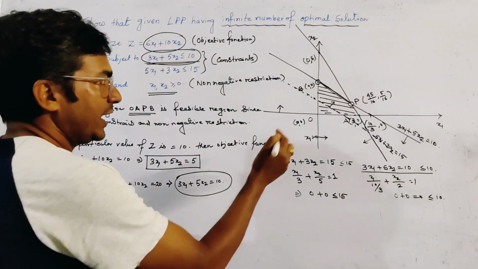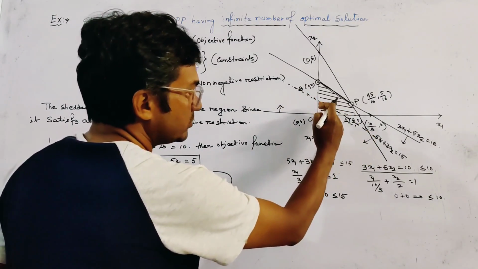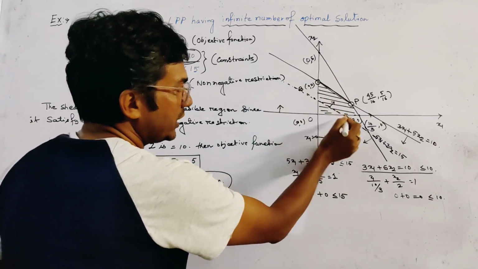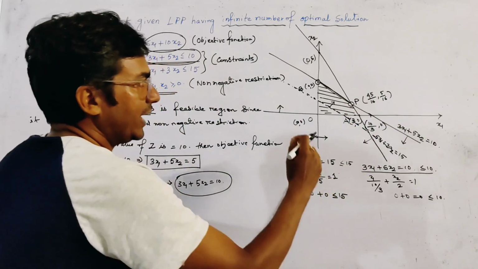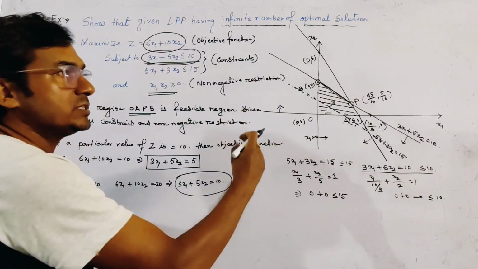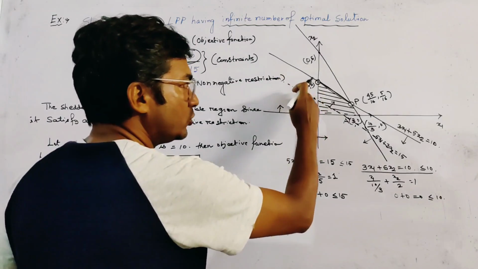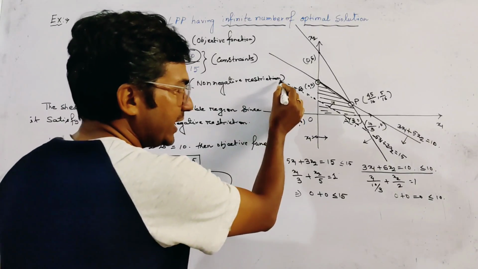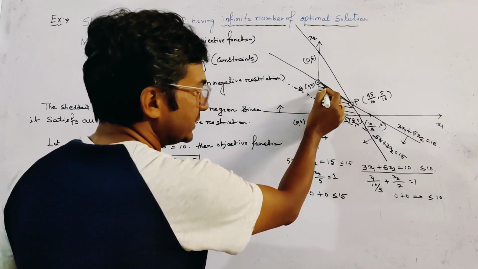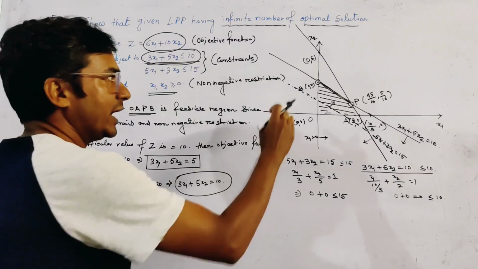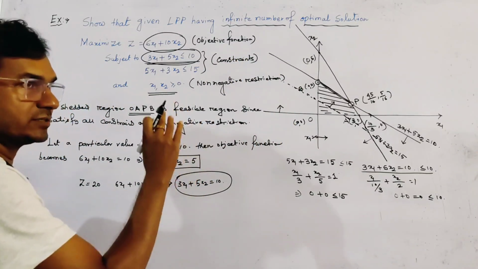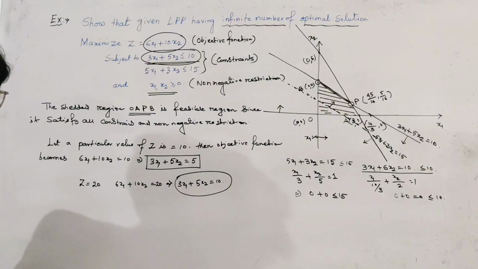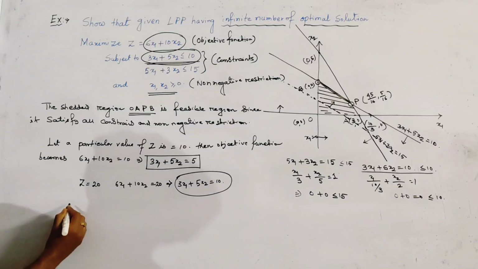So we say that at the last position, when we move it parallel to itself away from the origin, the dotted line coincides with this constraint, and if we move it further, then the dotted line is outside the feasible region. Since it coincides with this constraint at the last position, we say that the problem has infinitely many solutions.